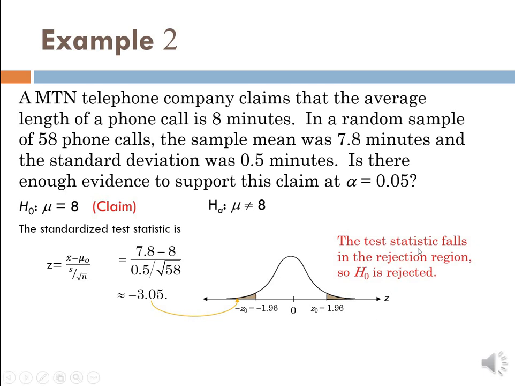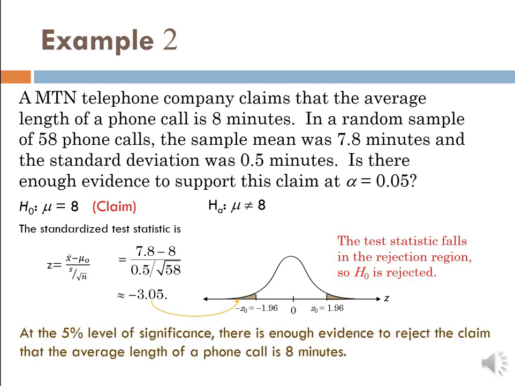Hence, we say the test statistic falls in the rejection region, so H0 is to be rejected. So we can conclude that at a 5% level of significance, there is enough evidence to reject the claim that the average length of phone calls is 8 minutes.